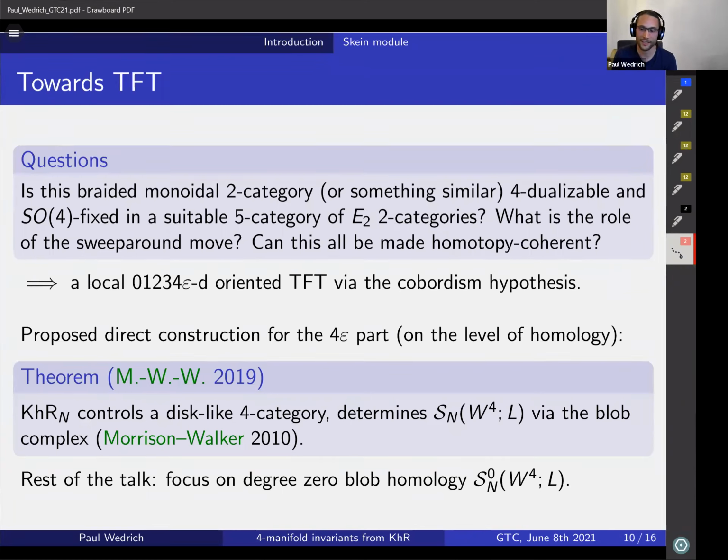It's something like the degree when you compute Hochschild homology. And to simplify things and get to something that has a chance to be computed, I want to restrict to degree 0 blob homology, because this degree 0 blob homology part of this invariant has a description in terms of a skein module.